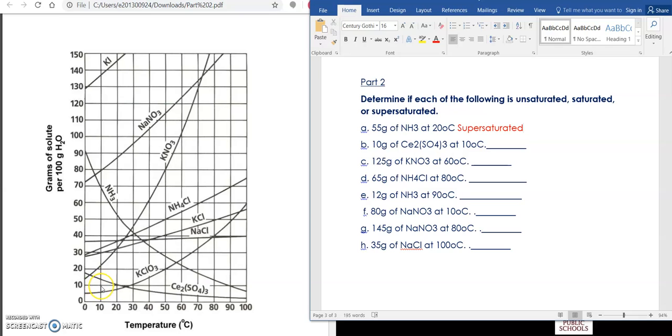So that's right here on this little point. I can see that that is below the line for Ce2SO4, so I know that that's going to be unsaturated. I could add more solute at that point to get up to saturation. So this is actually going to be unsaturated for the second one.